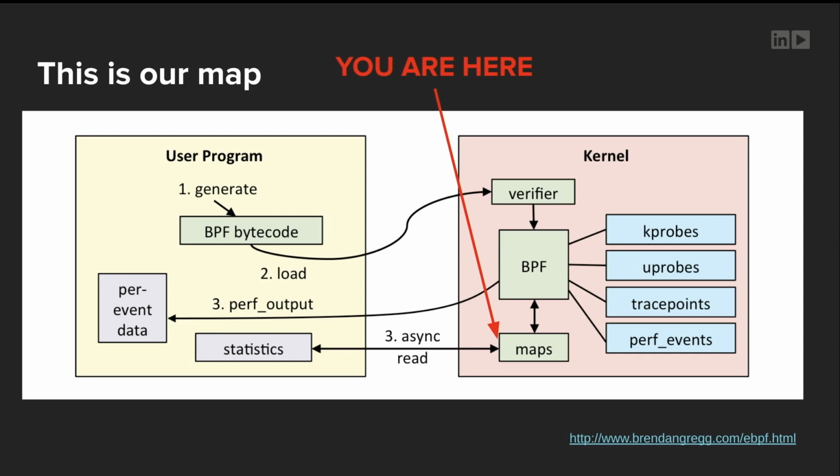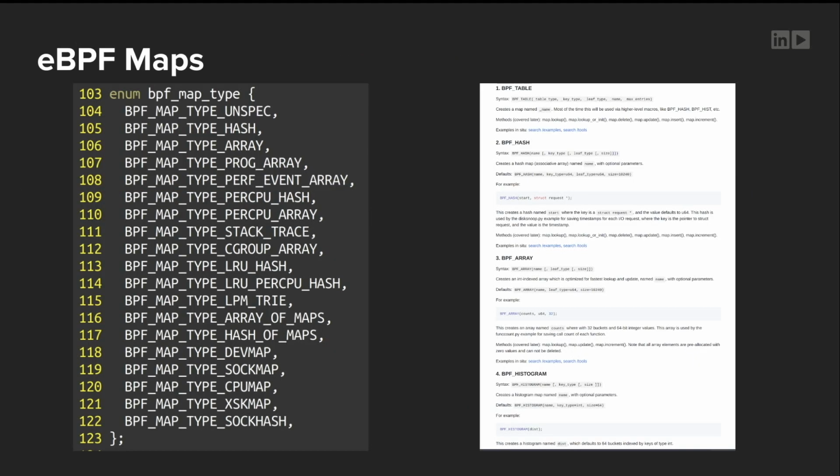You can use eBPF maps or perf output to share that with zero copy from your user space applications. There are several different types of maps, and these are growing all the time. They're called maps, but there are hashes, arrays, and histograms as well. There's LRUs, so there are several different data structures available to you.